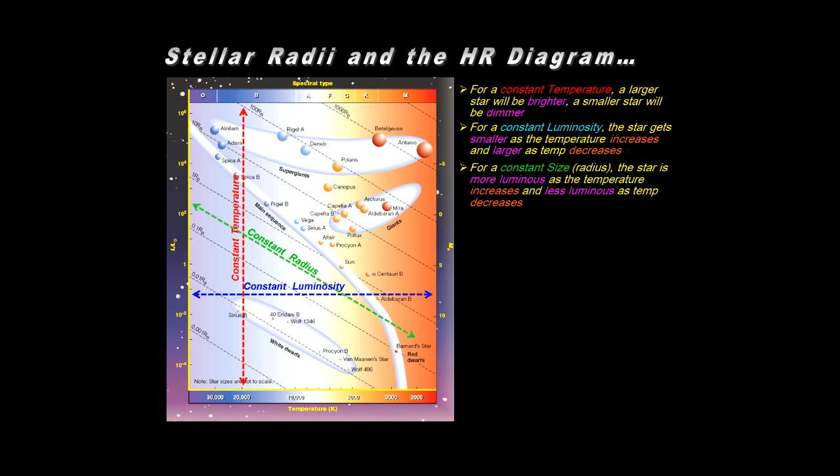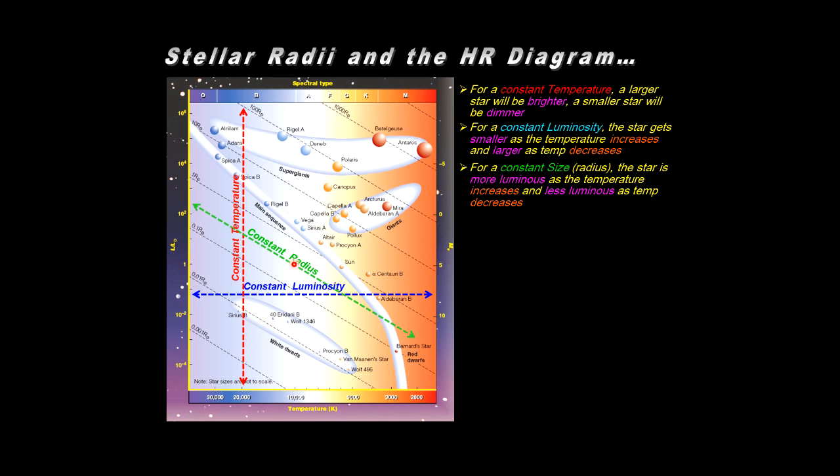So we're going to combine the two ideas, and here we have constant radius. So the size is not changing. Notice the star gets more luminous as the temperature increases. The diagram is about luminosity and temperature. If you have a constant radius and the luminosity goes up, the temperature has to go up.